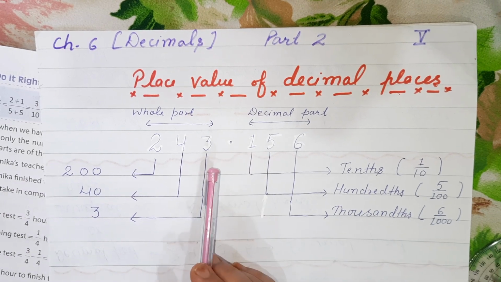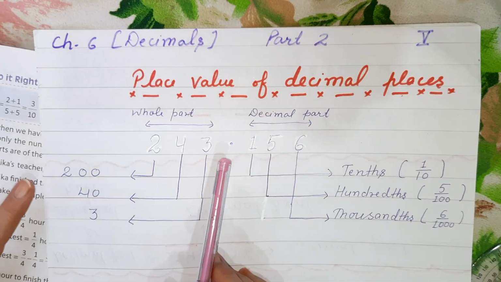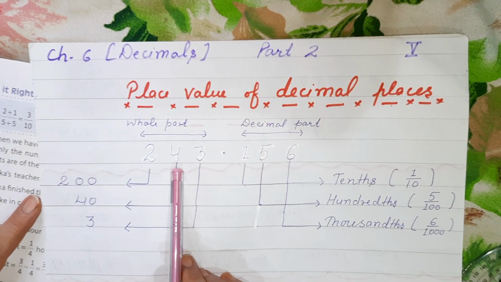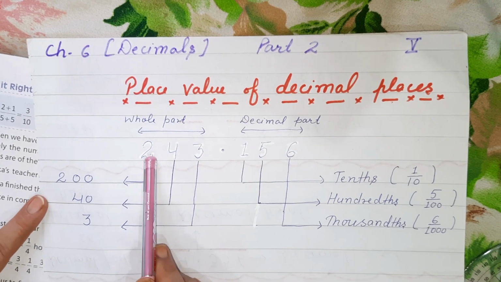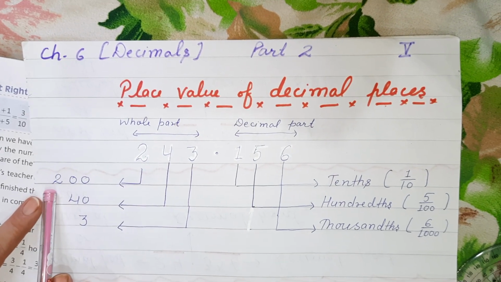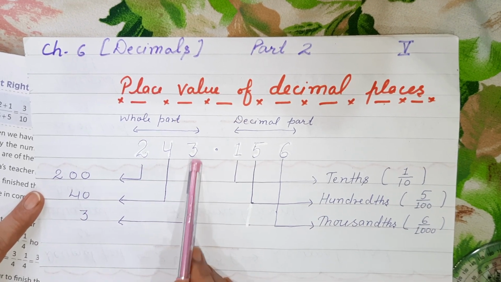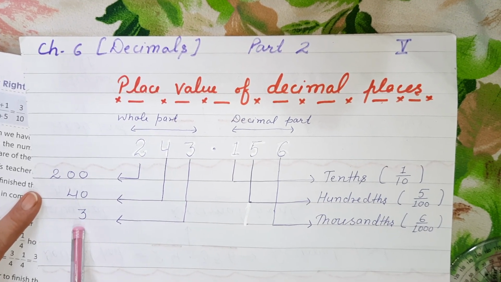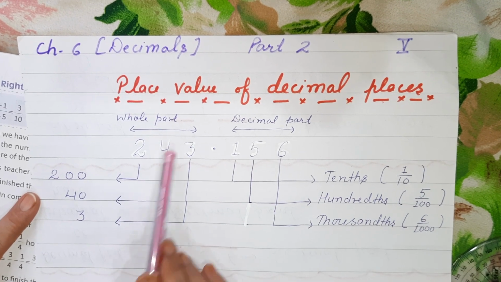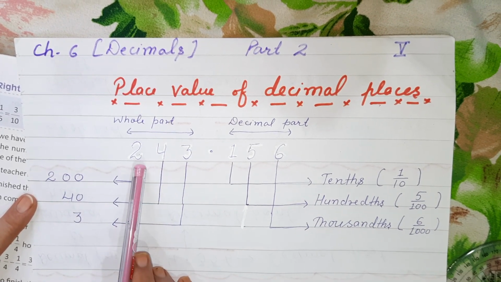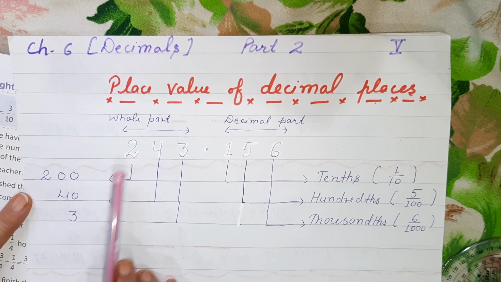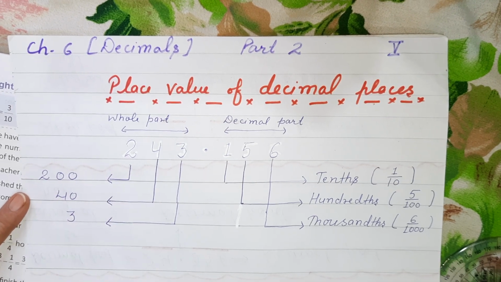Now the place value of 2: it is ones, tens and hundreds, so the place value of 2 is 200, 4 is 40, and 3 is 3. It is the ones place, so it is 3. It is the tens place, so 40, and 2 is in the hundreds place, so it is 200.